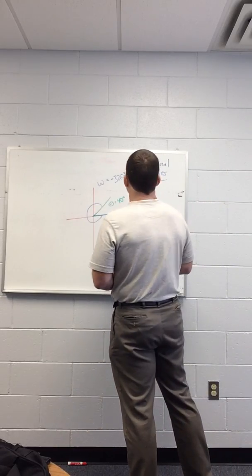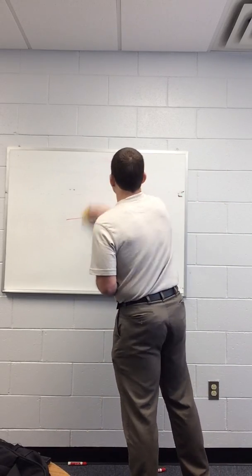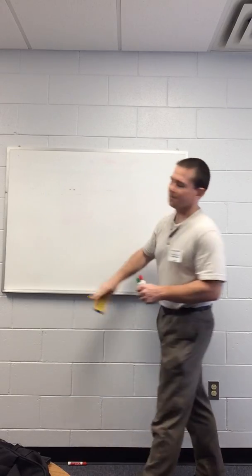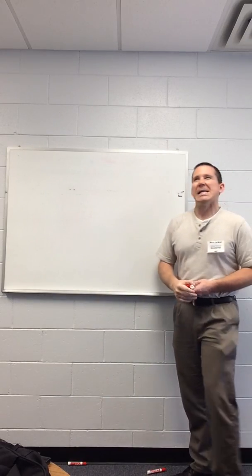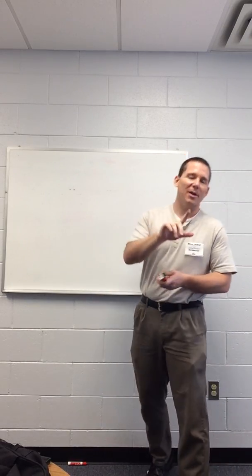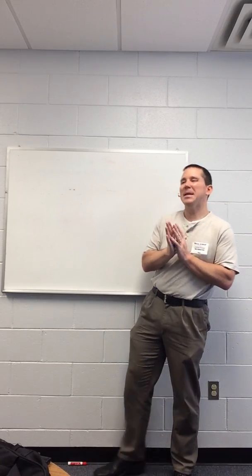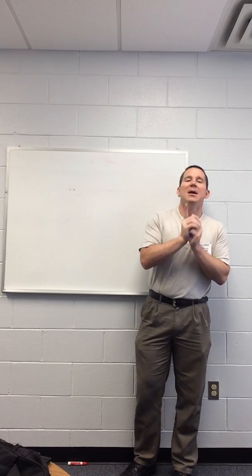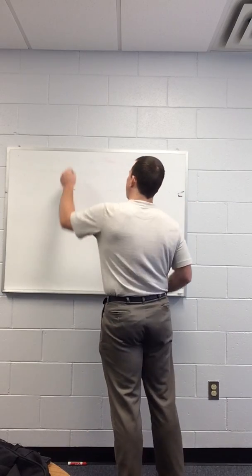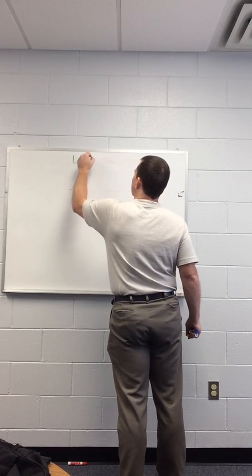Okay, one more application we want to look at. We were talking about degrees in the last video, in degrees and minutes and seconds and all of that. And one of the ways you see that is when you're talking about latitude and longitude.